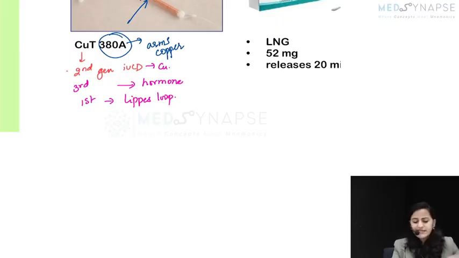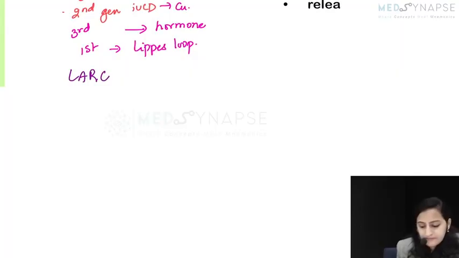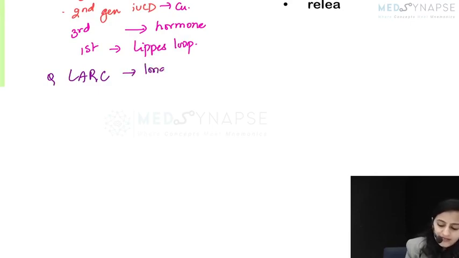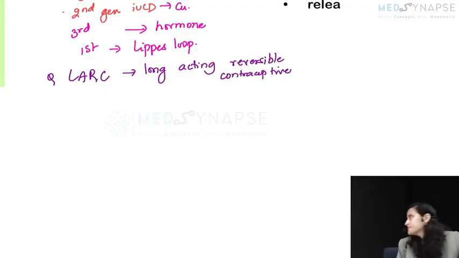Are IUCDs an example of LARC? Your one of the exam question. What is LARC? Correct. Long acting, but reversible. It's a long acting reversible contraceptive. So will IUCDs come under this?